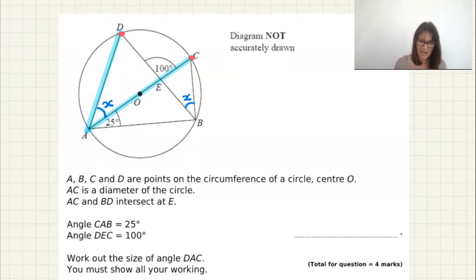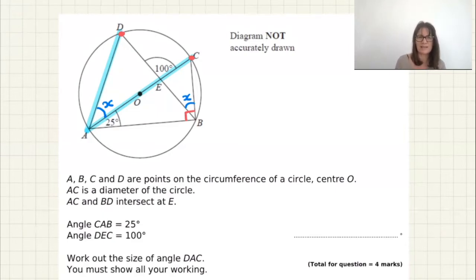The next thing that I spotted, I kind of spotted both these things at the same time, and it wouldn't matter which way round I did it. I've obviously got the diameter, and an angle that goes up and hits the circumference from a diameter is always 90 degrees. So I know I have a 90-degree angle in there as well. So x plus another angle would equal 90.